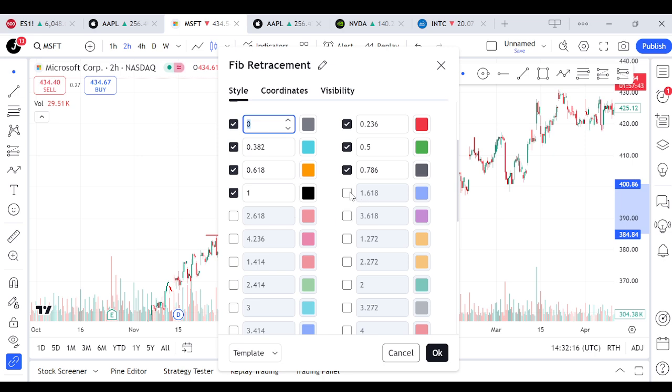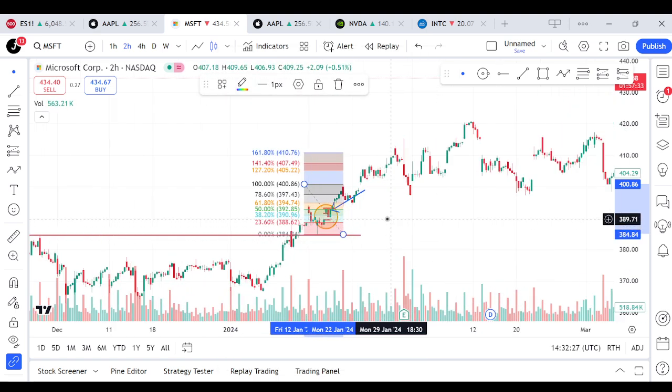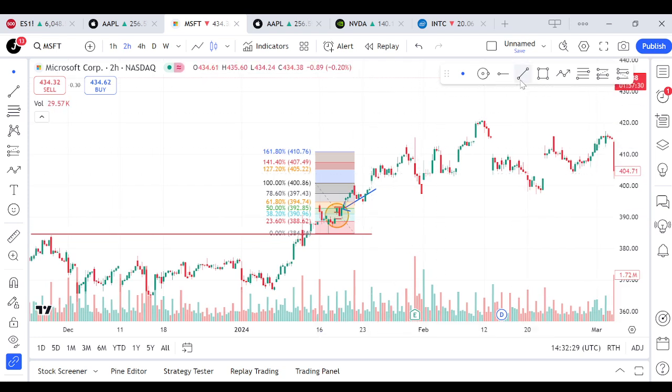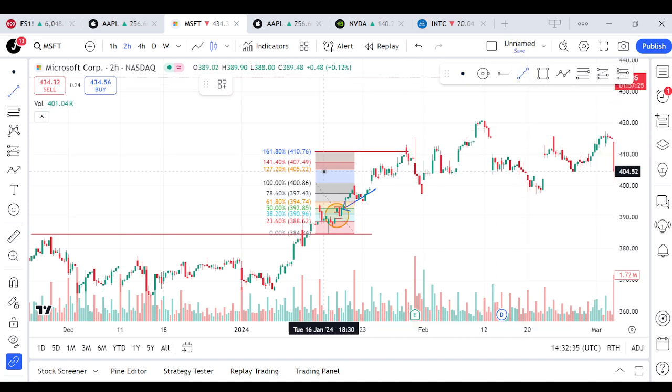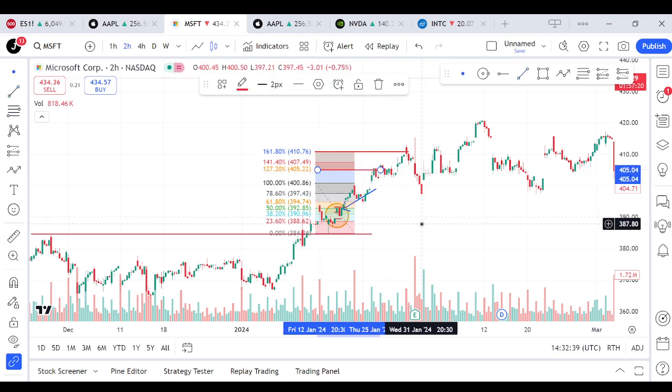I'm just going to add the 1.61 and also this one. And you can see you could be targeting the 161.8%, or you could target the 127.2%.